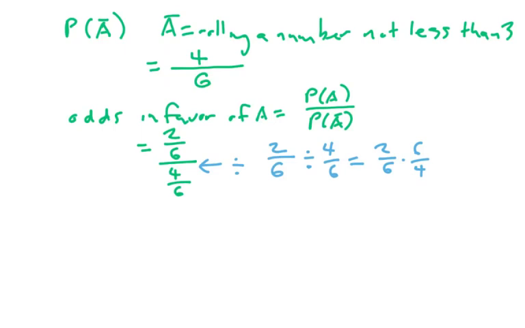Notice that the 6's divide out, and you simply get 2 over 4. Now, I want to put a special asterisk next to that because I want to come back to that. But we will go ahead and we'll reduce that fraction. So 2 over 4 reduces to 1 over 2.